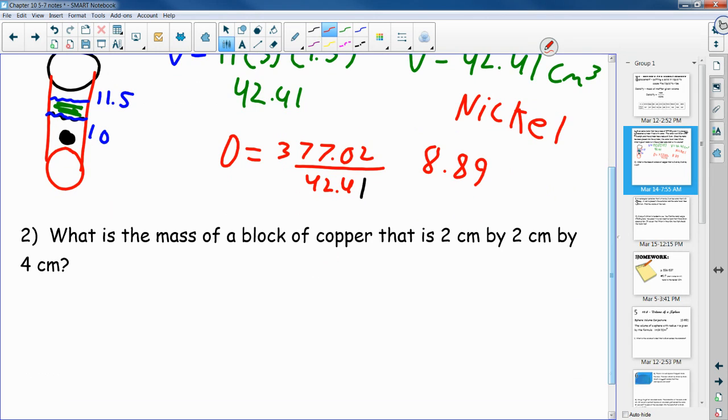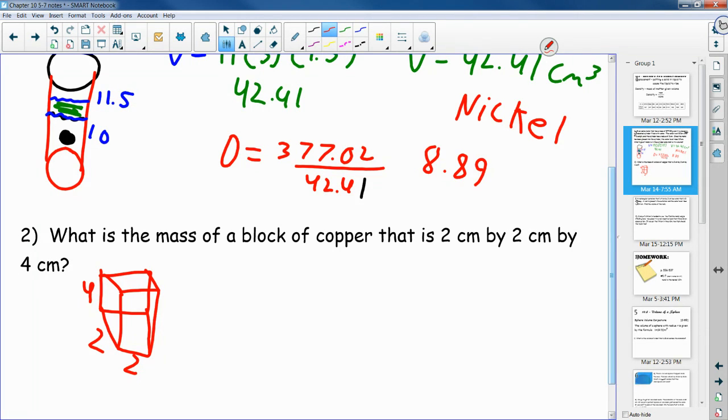Moving on to the next question: what is the mass of the block of copper that is 2 by 2 by 4? We draw a quick block here so we get an idea of what we're talking about. It says that it's 2 by 2 by 4, and it wants to know what the mass is.